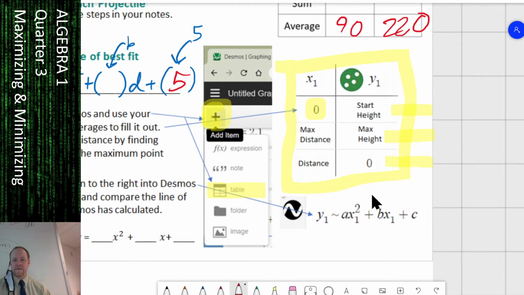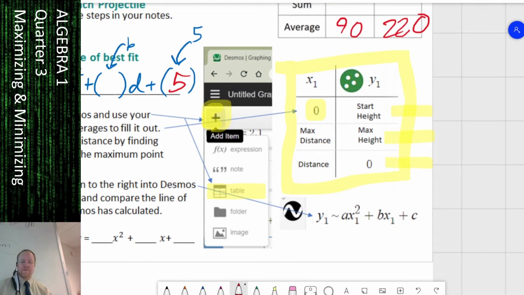All right, so that was a good question, because I want to make sure that everybody is able to make use of this table. So 0, everybody should have, and then starting height was the same as our C value over here. So go ahead and type in that small distance from the ground to the bucket of your catapult.